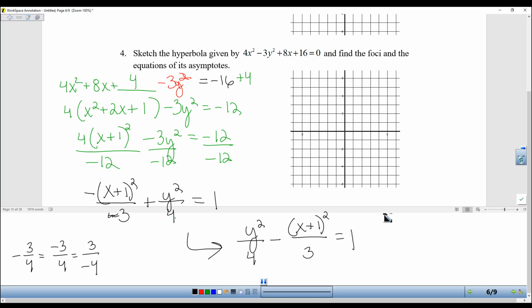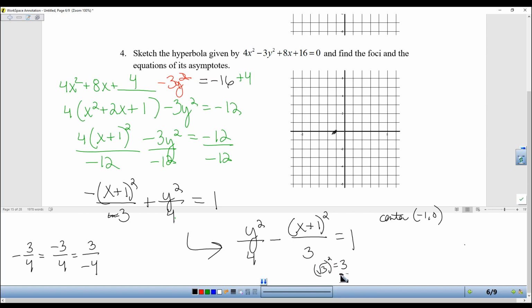My center is going to be at negative 1, 0. It's easy to do 0, negative 1 by accident because the y is first, but you always have to list the x first. So negative 1, 0. And then, how do I do this? I'm going to go, what squared makes 3?